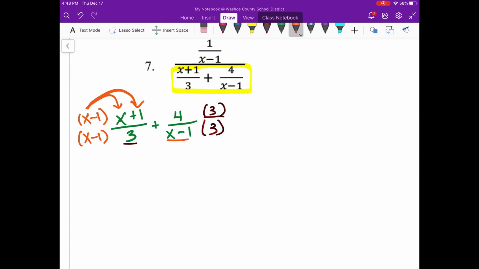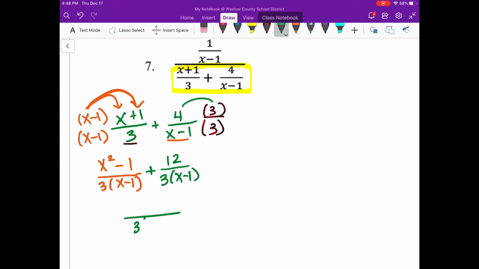So when I multiply these, I end up with x squared minus 1. And then in my denominator, I get the 3 times x minus 1 plus, when I multiply these two together, I get 12, and then 3x minus 1.